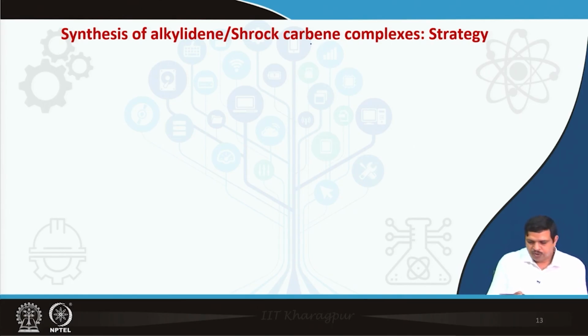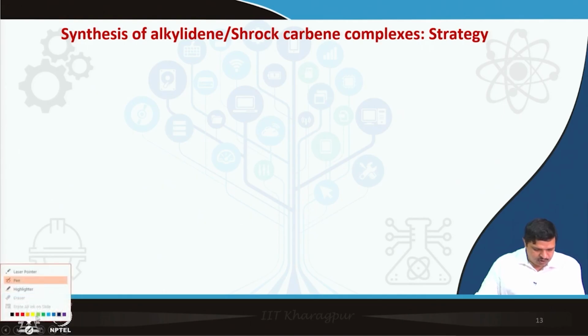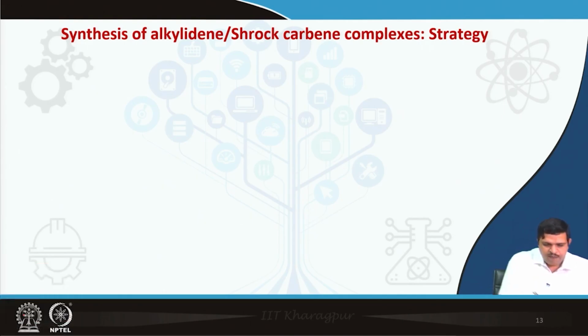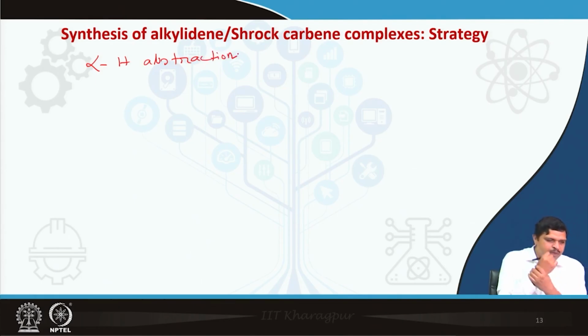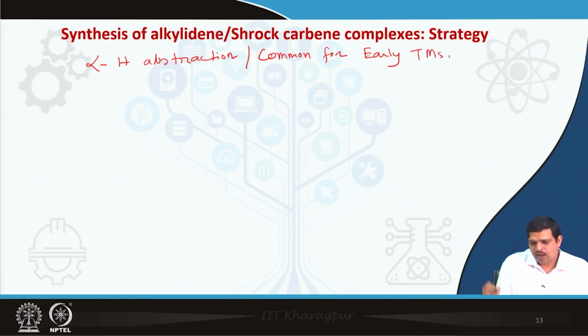We already discussed just 2-3 slides back about the alpha H abstraction, and this alpha H abstraction is common for early transition metals, unlike the late transition metals.